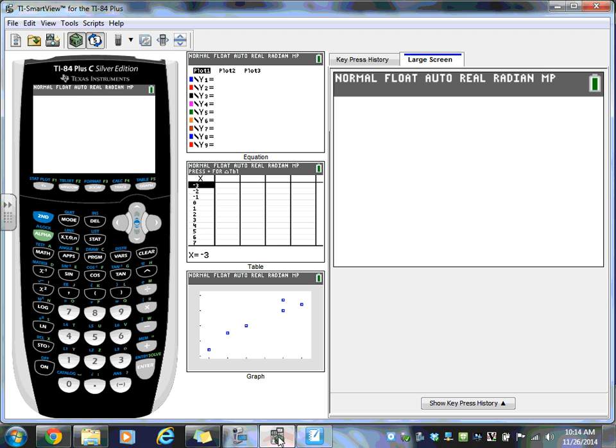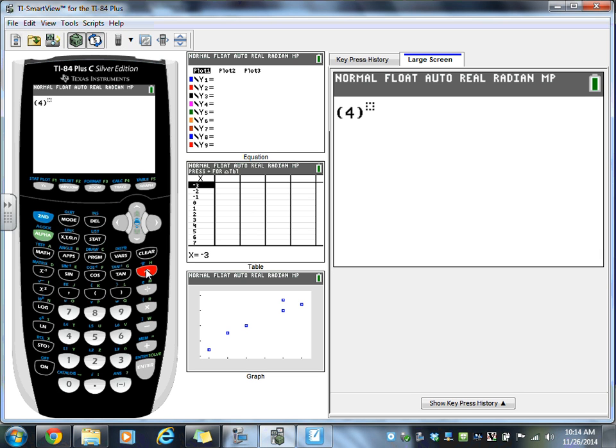If we want to type in 4 to the 5th, it is my personal suggestion that anytime you type in an exponent, a base with an exponent, or a power on your calculator, that you use parentheses. So if we're going to type in 4 to the 5th, I would type in 4 in parentheses. Then you've got this caret button above your division button. That means to the power of.